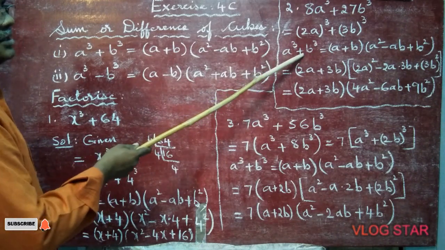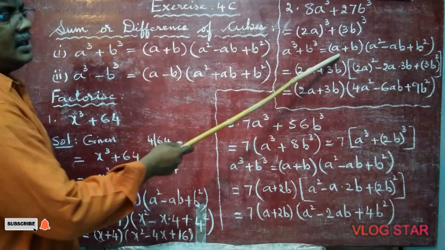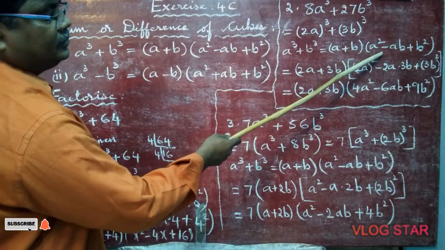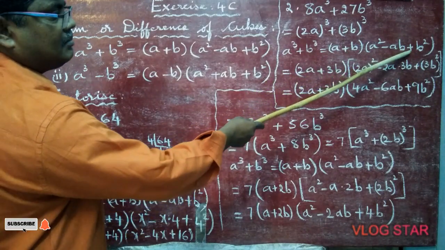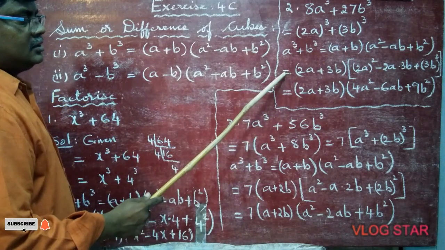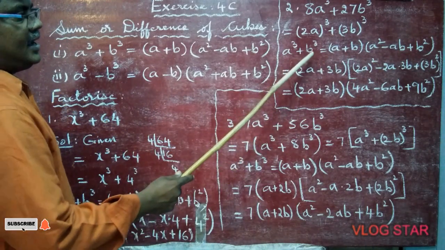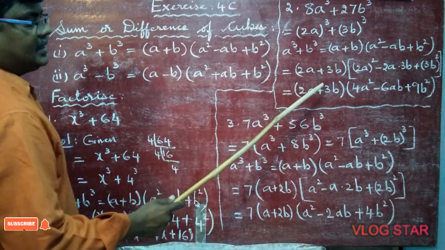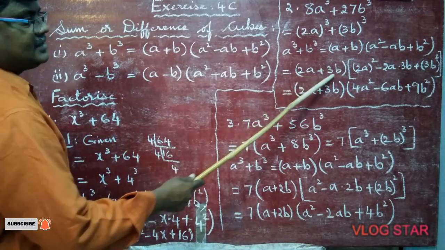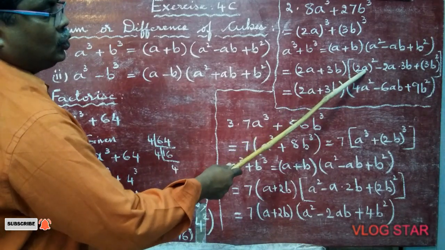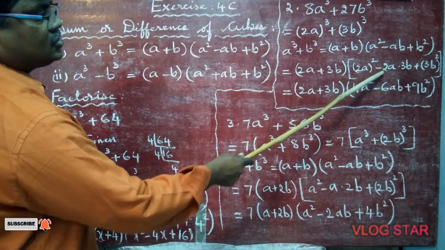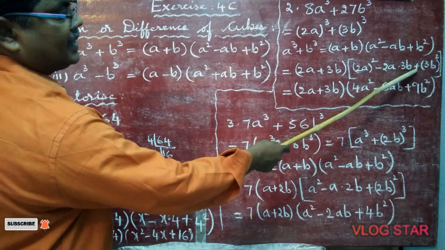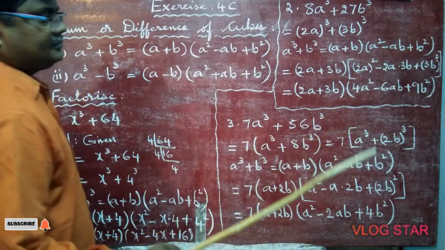So a cube plus b cube is equal to a plus b into a square minus ab plus b square. That is equal to, in the place of a, 2a is there. In the place of b, 3b is there. So 2a plus 3b into 2a whole square minus 2a into 3b plus 3b whole square.